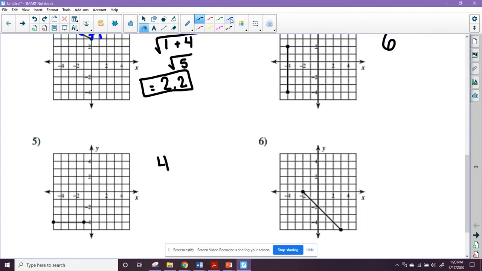And then the last problem we're going to look at today for number 6. Do it the same way. How far up and how far over? 1, 2, 3, 4, 5. And then over. 1, 2, 3, 4, 5.